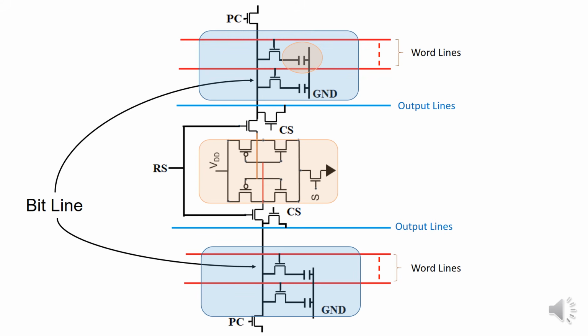So in this process, while reading the information, we are also writing the information back in the respective cell. Now to get the output, we make Cs equal to 1, which is a control signal which connects the bit line to the output line.